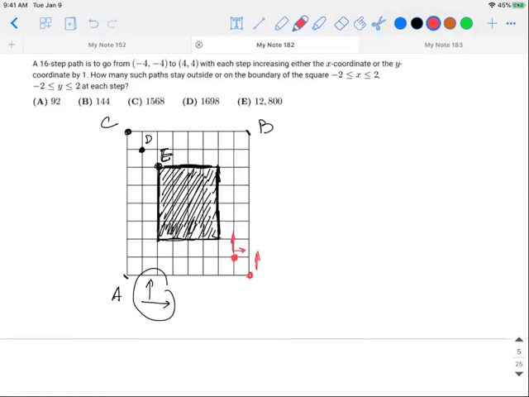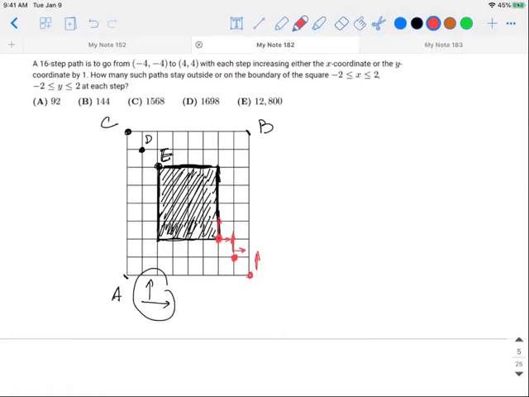So if I come to here, think about it. I can only step up, I can only step right. Also, there's no way for me to enter into the problematic region, right? So that being said, this point is also a safe point.